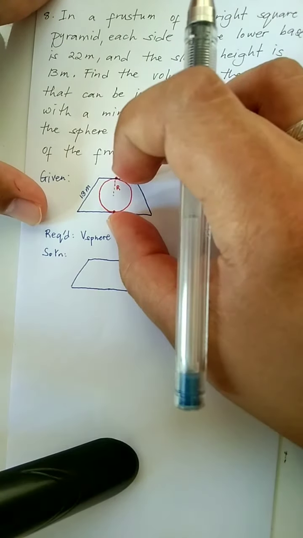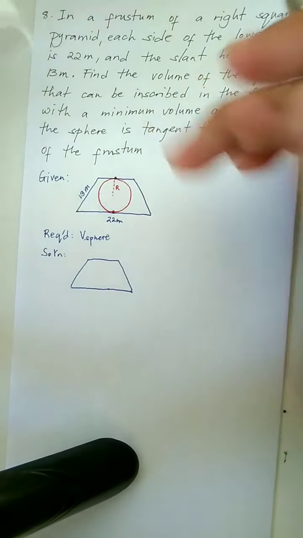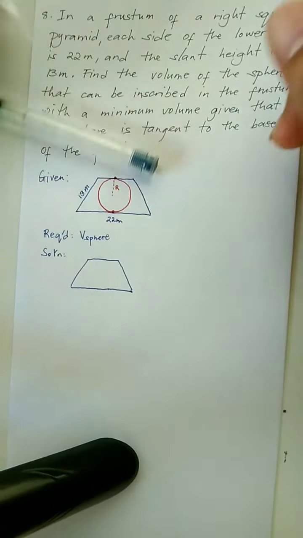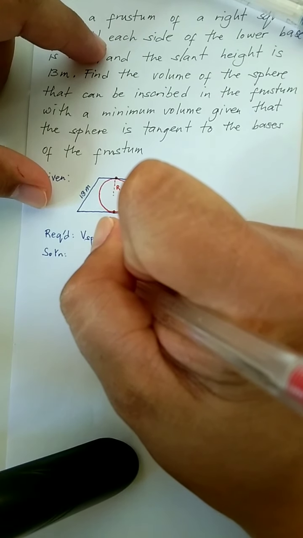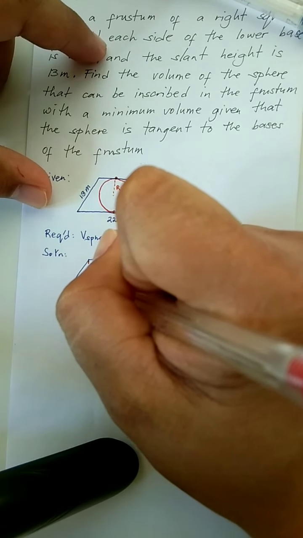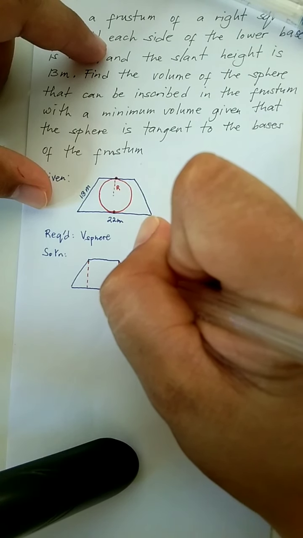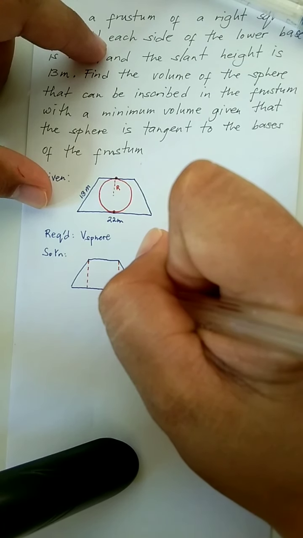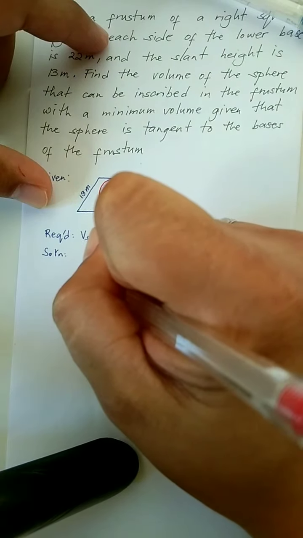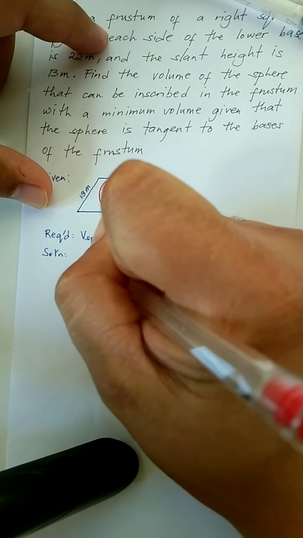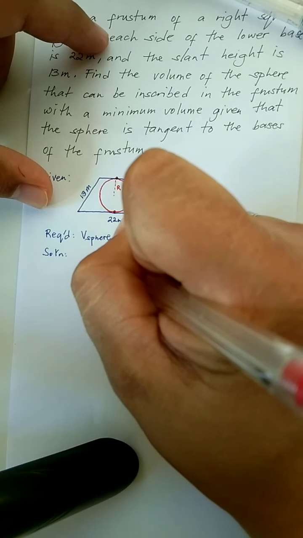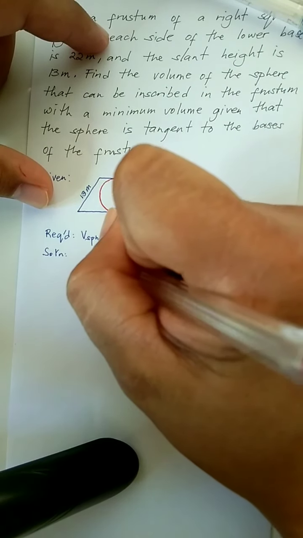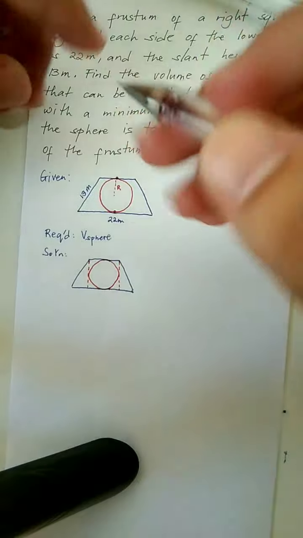So to have a minimum volume, the sphere should be able to fit inside the length of the upper base. Okay, here we go, in order to satisfy the conditions of the problem.